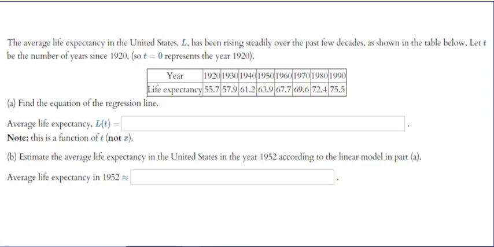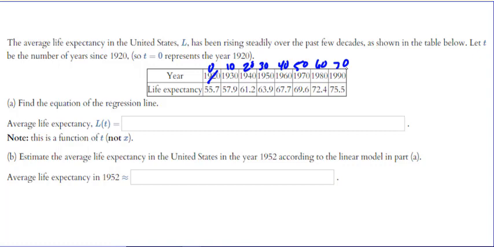So we're resetting the clock, right? So that's 0, 10, 20, 30, 40, 50, 60, and 70. Make sure that they're going up. They may jump some, so 30, 40, 50, 60, 70, 80, 90.